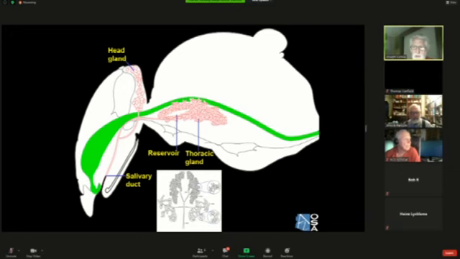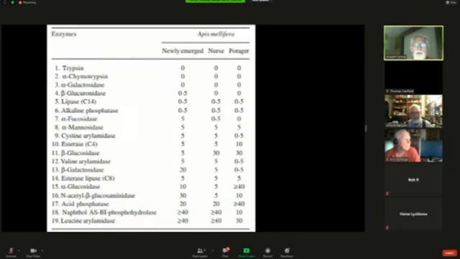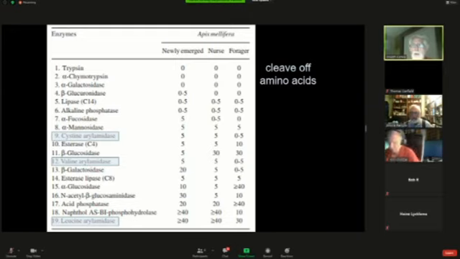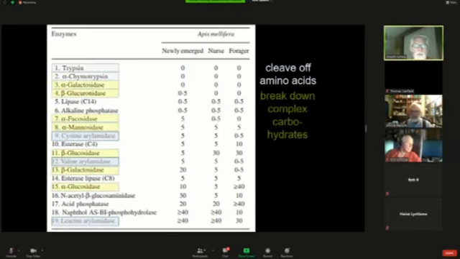There are other glands as well that secrete other things, as you see here, thoracic glands and head glands. And here is a listing of many of the things that have been identified so far in these secretions. I'm going to give you some idea with some color coding. These in very pale blue, number 9, 12, and 19, are enzymes that break up the proteins that are in the nectar into the individual amino acids.